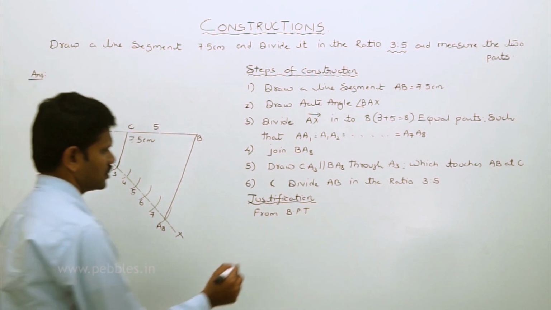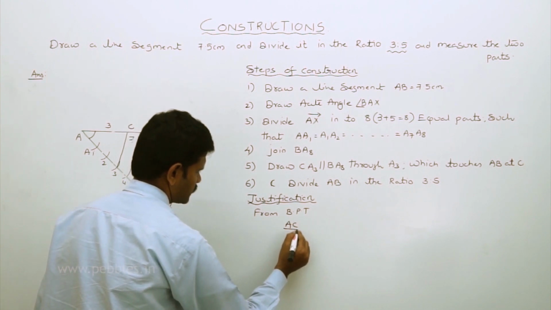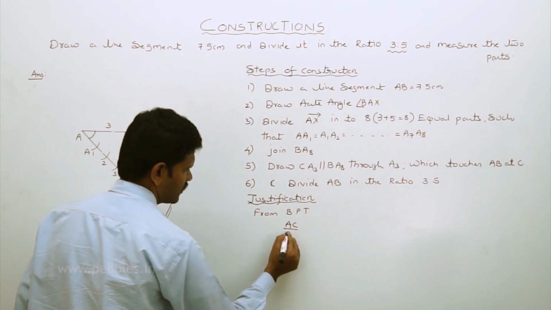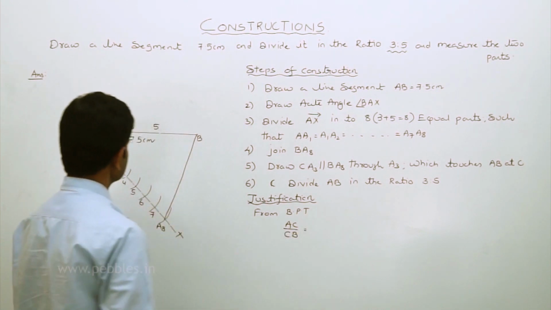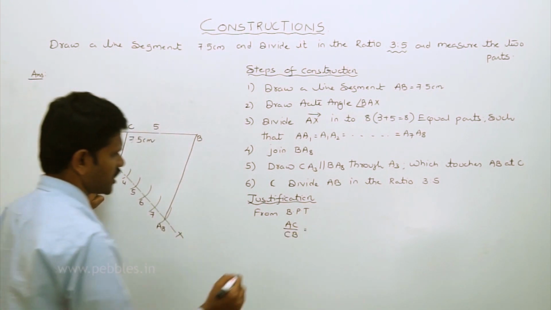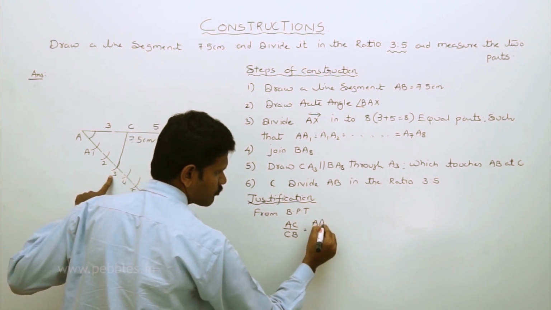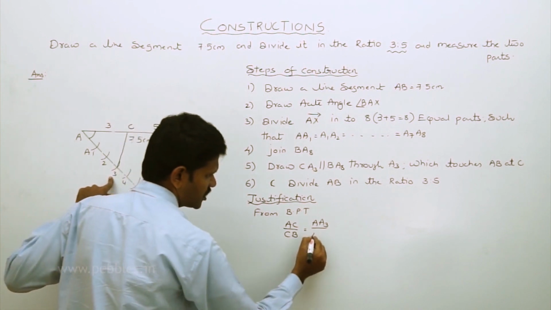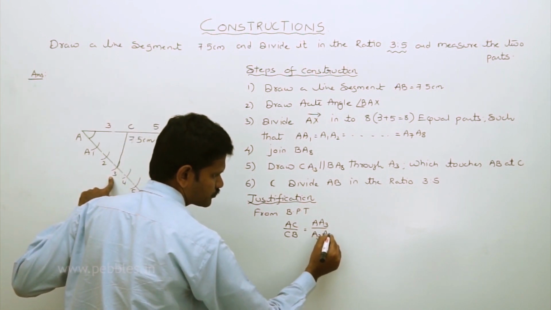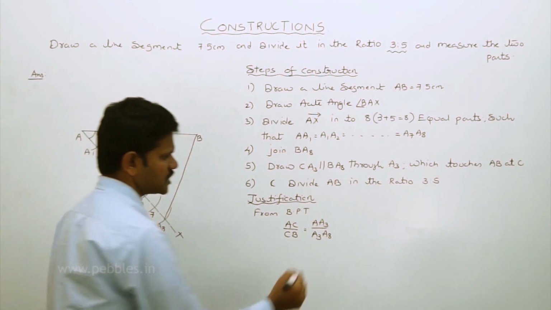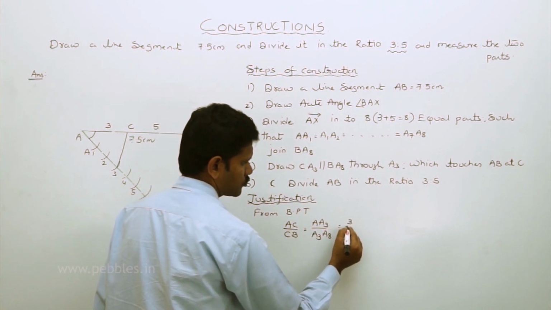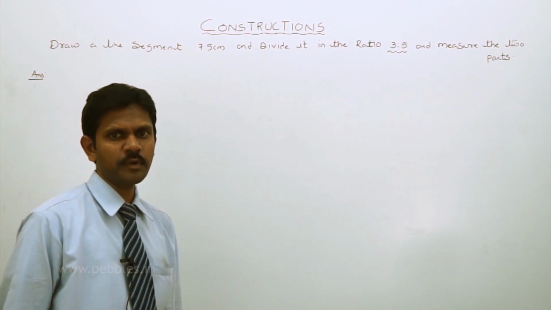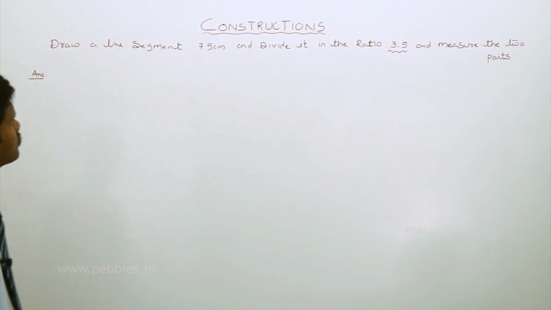That is AC by CB is equal to AA3 by A3A8 is equal to 3/5. Let us see the next problem in the alternate method.